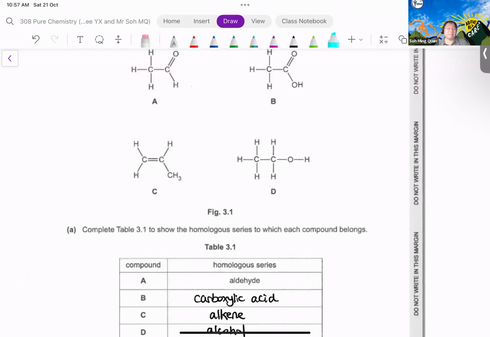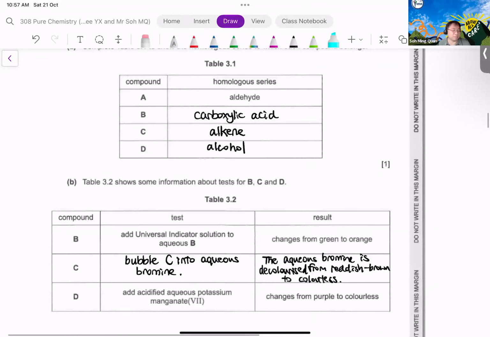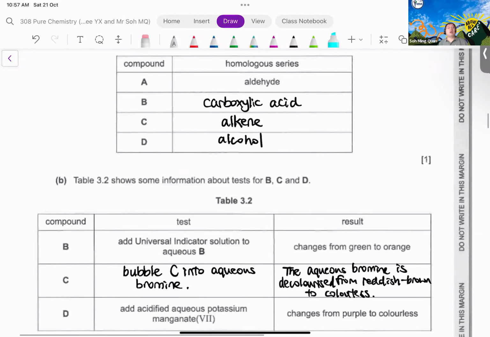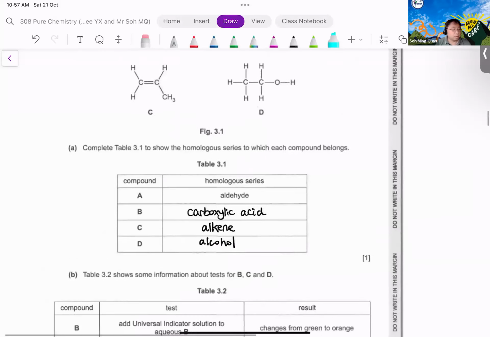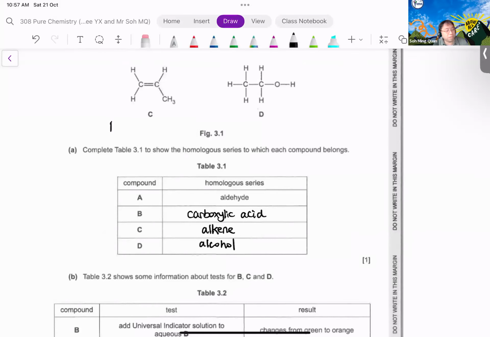However, for part B, even though I marked you correct, most of you would probably not have written this. Most of you probably said add aqueous bromine to C, which I marked correct, not because I didn't spot the error, but because you don't know the boiling point of C. If you look at C, C is propene.